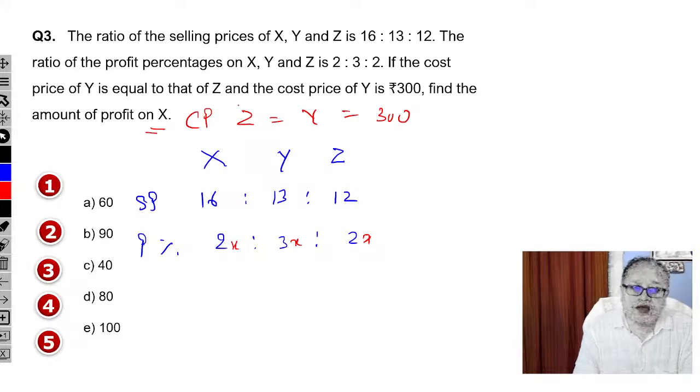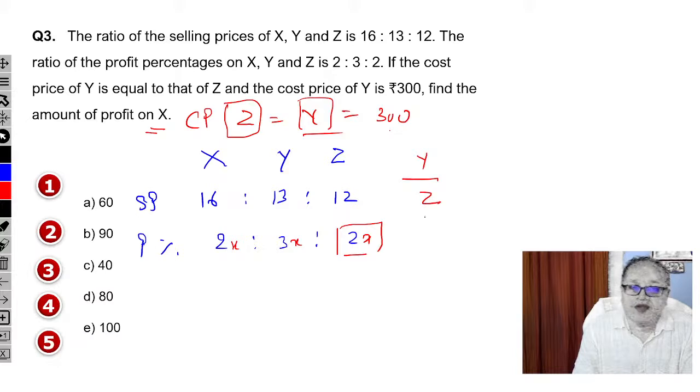Now, I know the Z cost price is 300, and the Y cost price is 300. Now in Z, what is the profit percentage? It is 2x%. I will take the Y first.